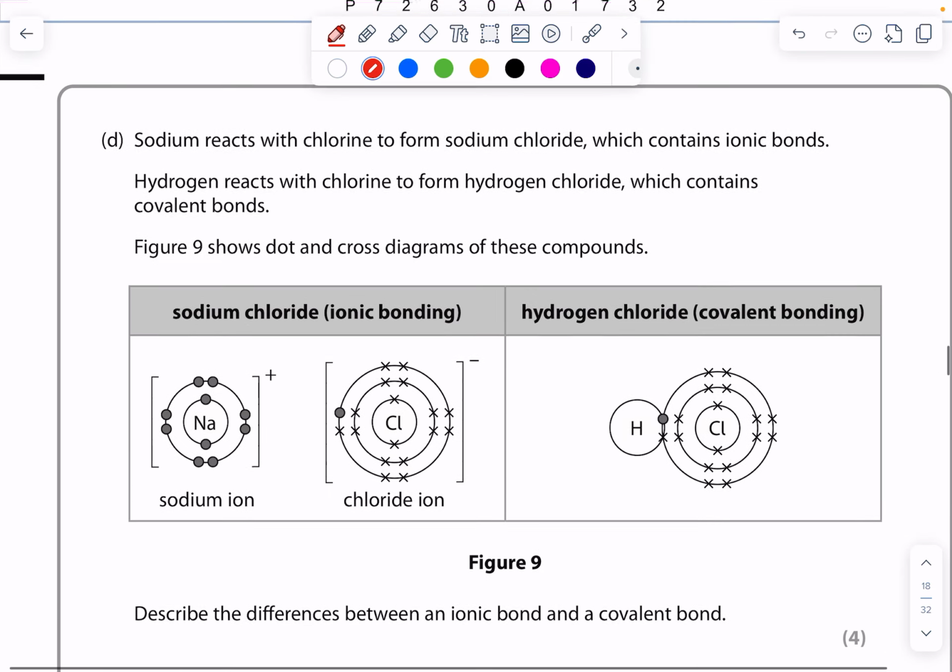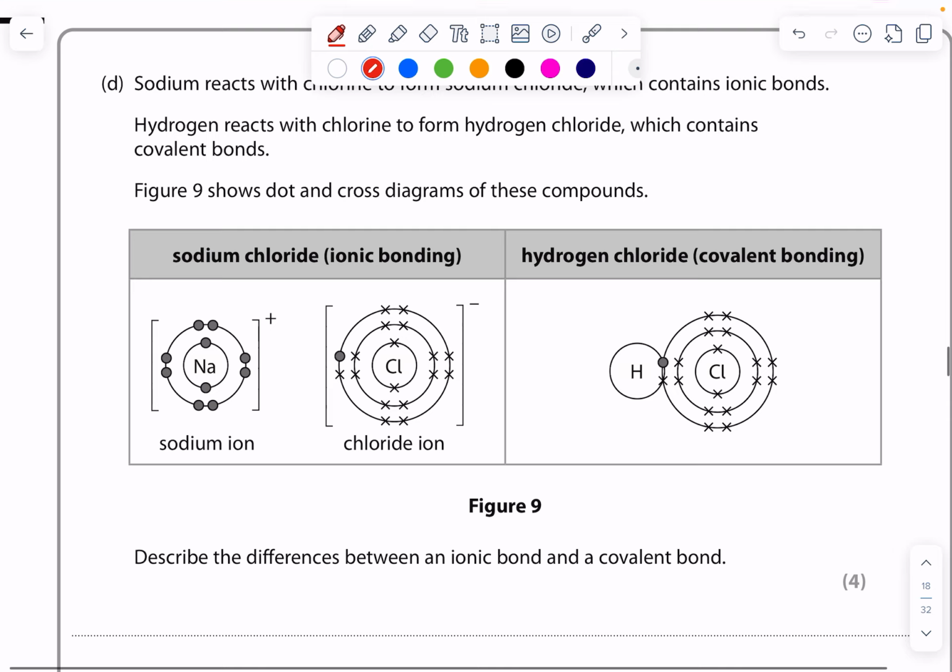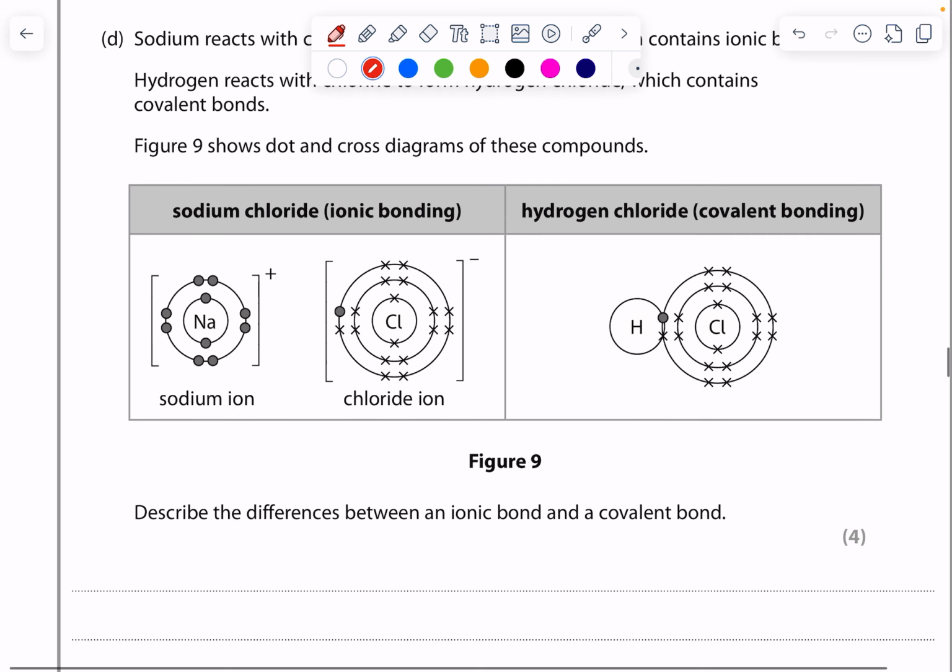Moving on, this one here is looking at types of bonding. So we've got ionic bonding and covalent bonding. It says describe the differences in these two. So what we need to remember for ionic bonding is it is the oppositely charged ions that hold this together.